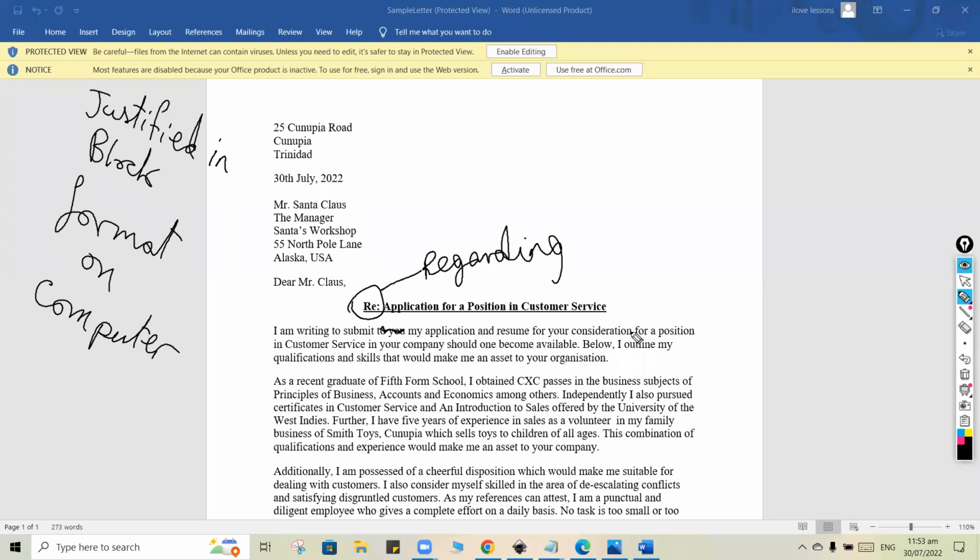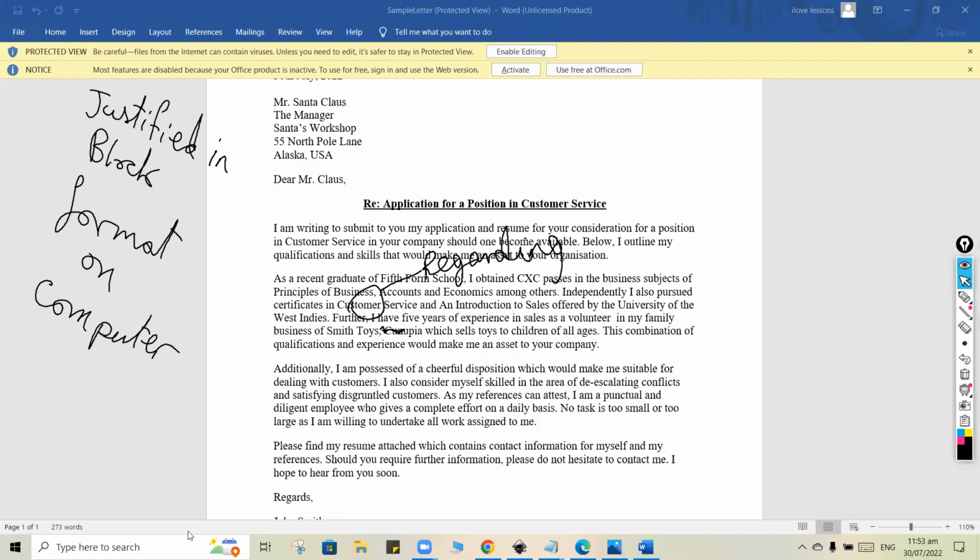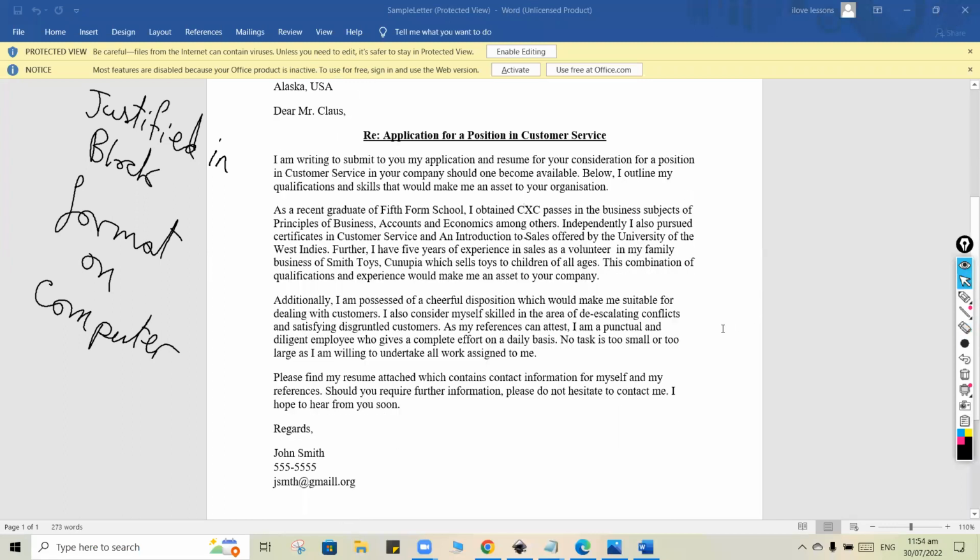All right, so as a recent graduate of fifth form school, so now if the most recent thing you did was school, you mention that first. But if you are out in the field of work, then your schooling and your degrees and whatnot may not be as important, depending on whether it's an entry-level job like this is, right?